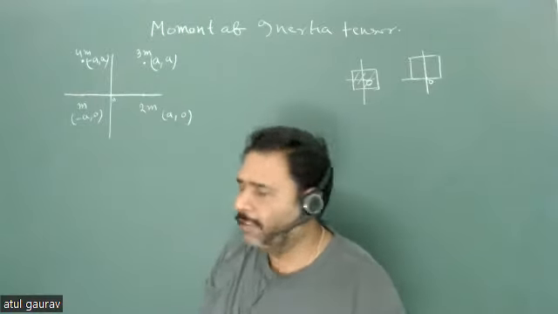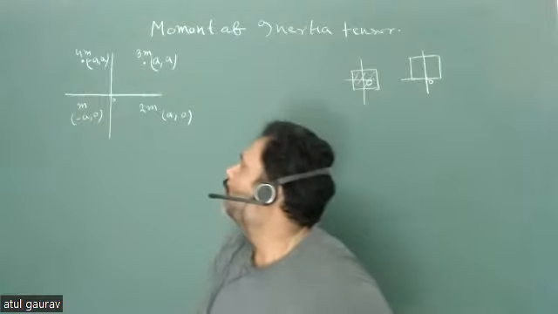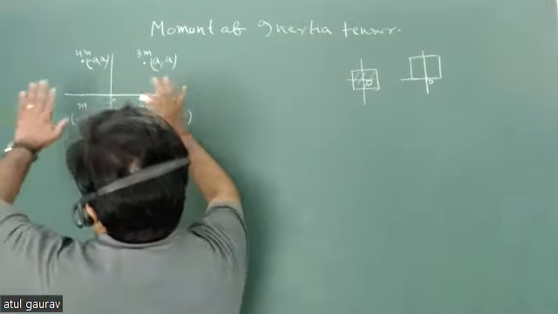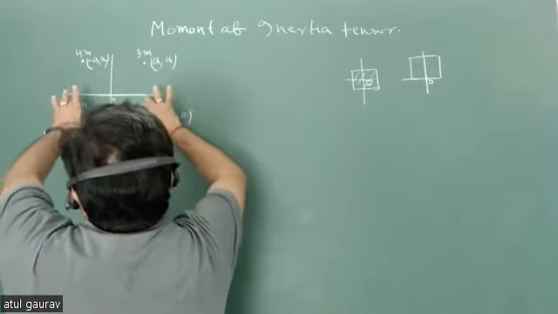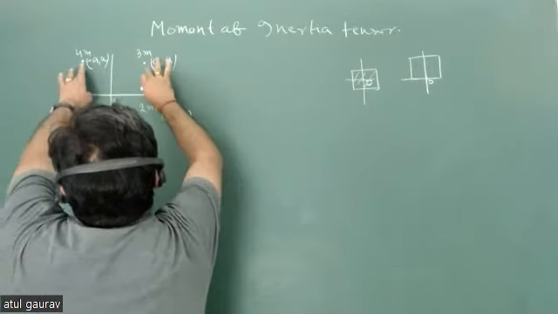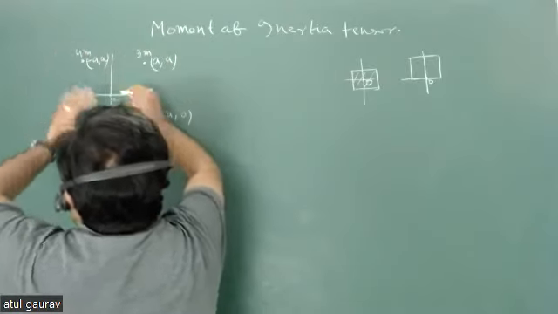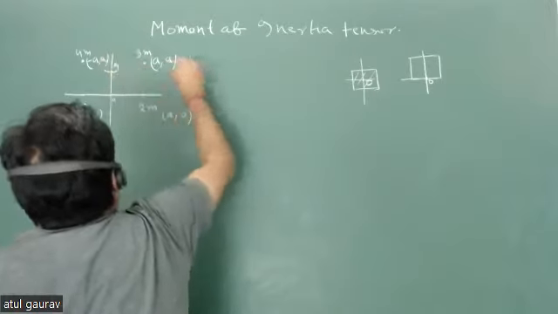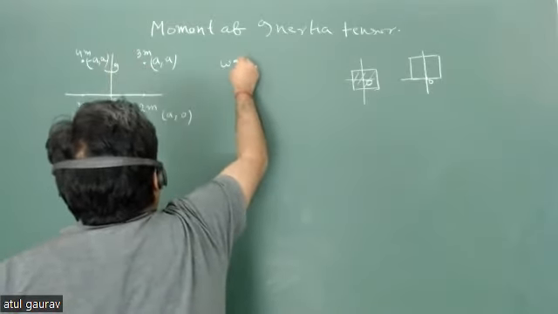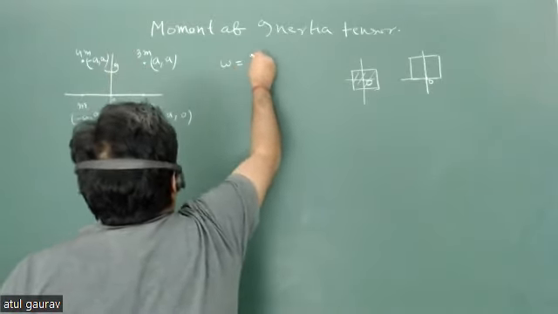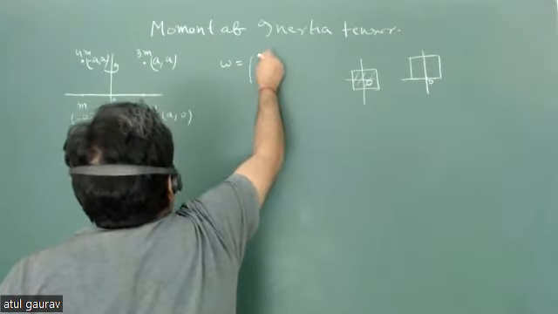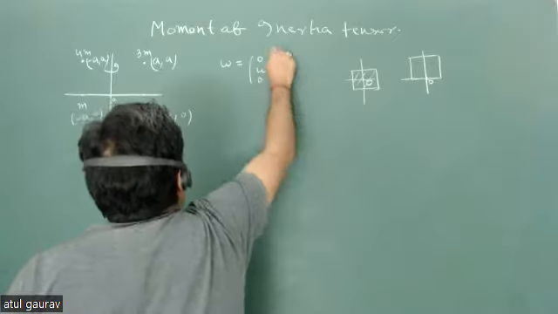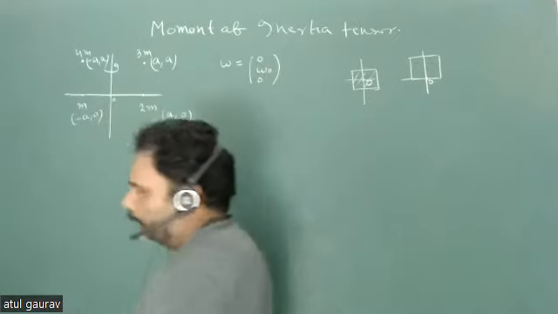This is our first duty. After that, suppose you have a massless rod with two masses, and the system is going to rotate with some angular velocity, which is, let's say, (0, omega naught, 0). Suppose this is my angular velocity.